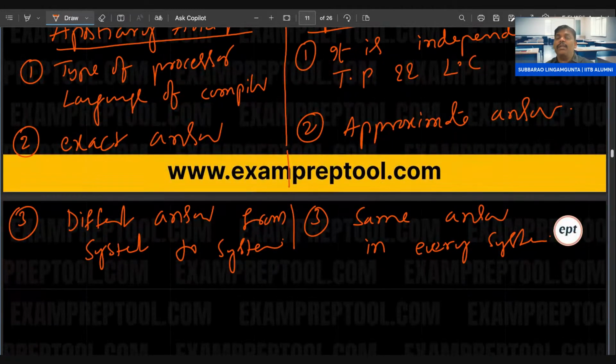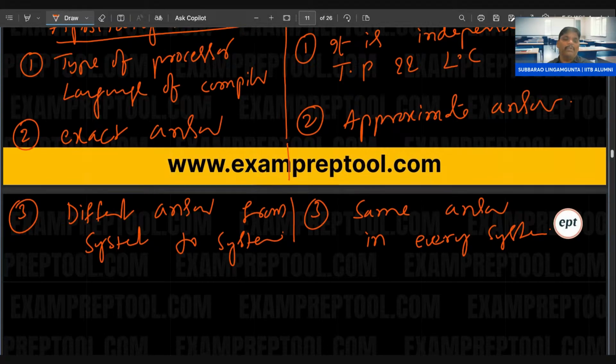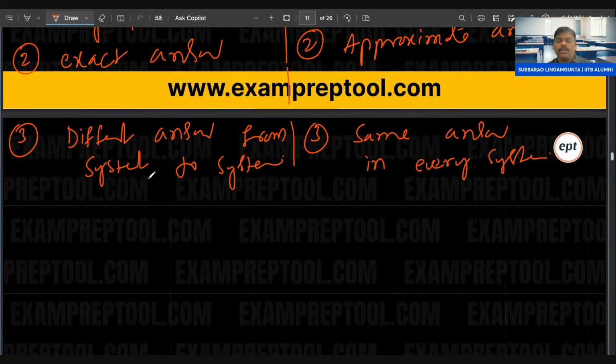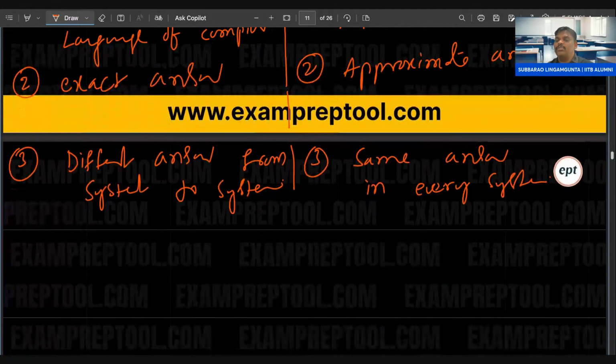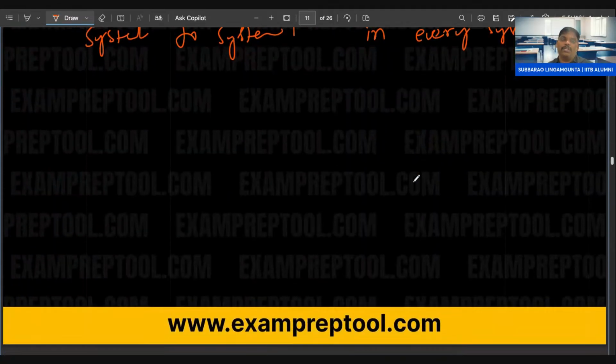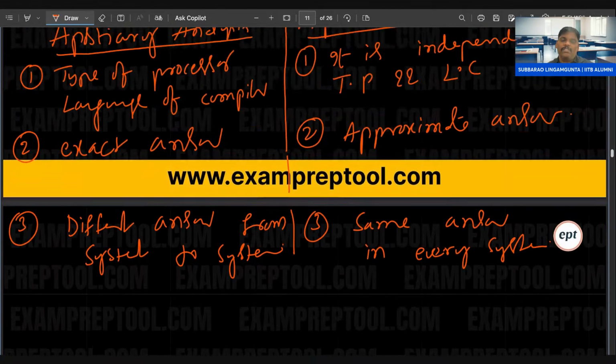Because it is dependent, real things are changing, time also changes, and it gives an exact answer. But because priori is independent, it gives an approximate answer. Third step, different answer from system to system, since real things are changing. In priori, the same answer in every system, because we are independent.